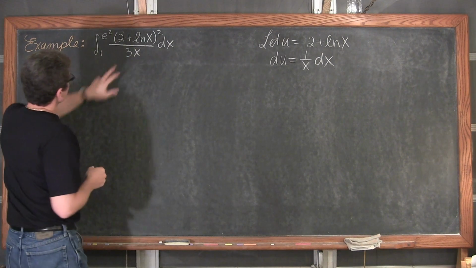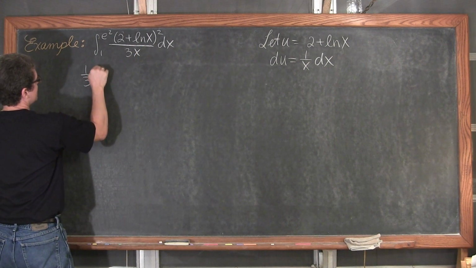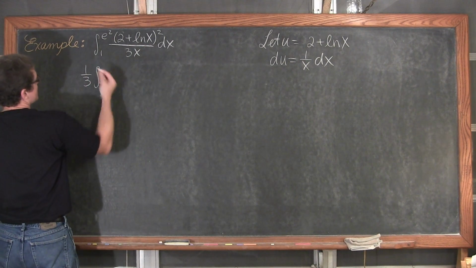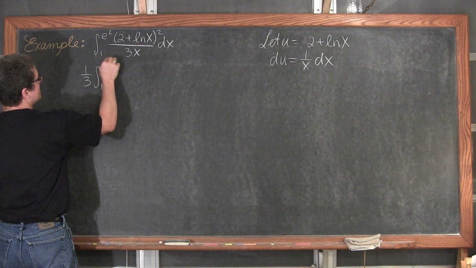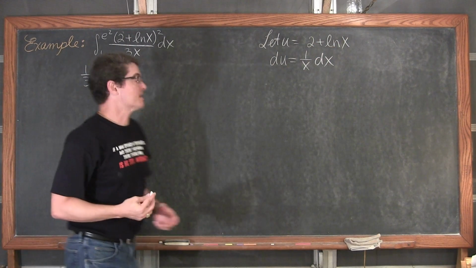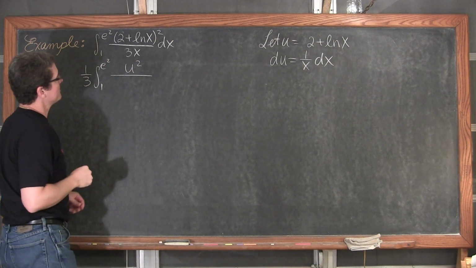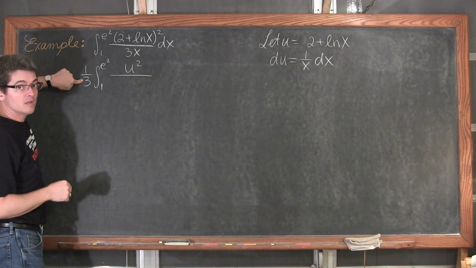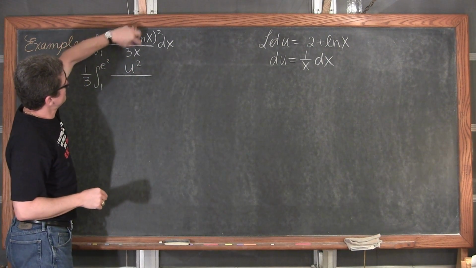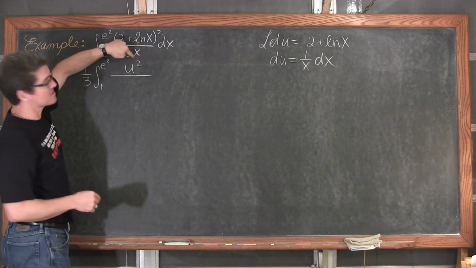So let's go ahead and move this 3 in the denominator up front. So we have 1/3 the integral, or the definite integral, from 1 to e squared. 2 plus the natural log of x is u. So we have u squared. I've just taken this 3 out front. So this 1 over x, because again, the x is in the denominator, right?